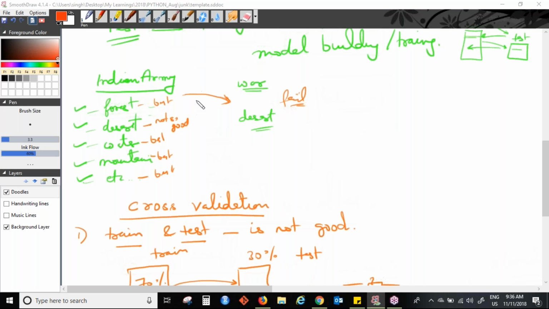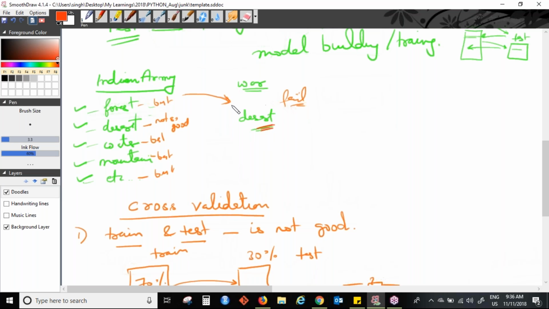So now I can come back to the Indian Army example. Now let's say the war happened in the desert. Your army is well trained on almost all terrain except one. Except one terrain, it has performed well on all other terrains. You want your army to be well trained on all terrains, but on the desert it fails.